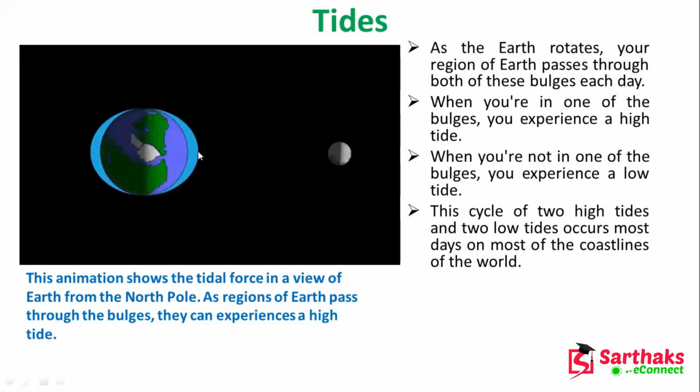At that time there will be a high tide. But at the same time, on the opposite side, you have low tides. So this cycle of two high tides and two low tides occurs most days on most of the coastline of the world. This is the main reason for the tides.